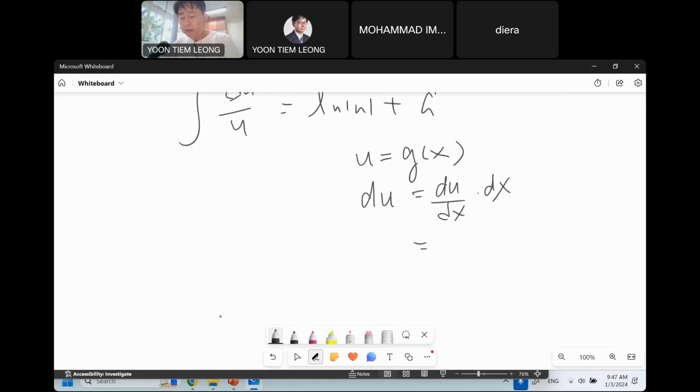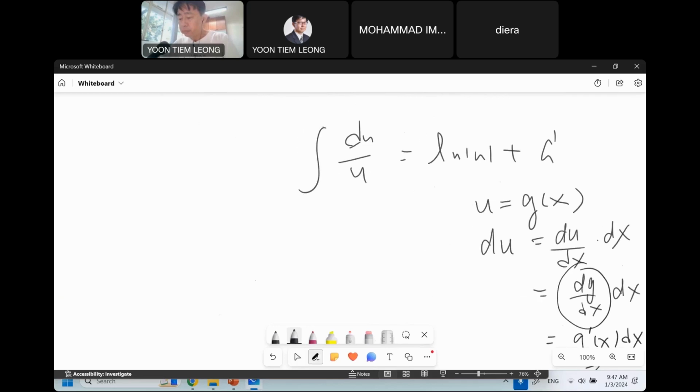So here you have du/dx, and expressing u in terms of g, you have dg/dx. It's just a change of notation from u to g. And then we write this as g prime of x dx, where g prime of x is just dg/dx.